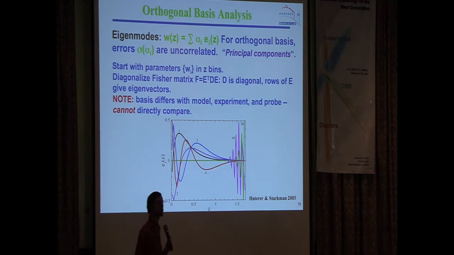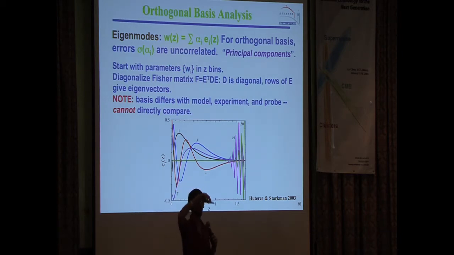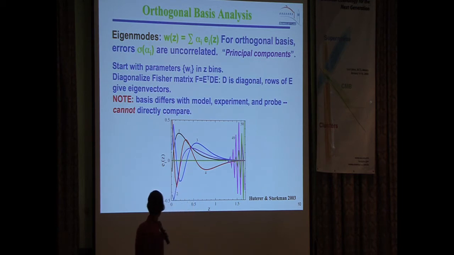And these are often called principal components, but really you can just do any orthogonal basis, and that's why I call this orthogonal basis. So you can start with just w in each bin, allowing that to float to approximate a smooth curve that can go up or down, be non-monotonic, whatever you like.